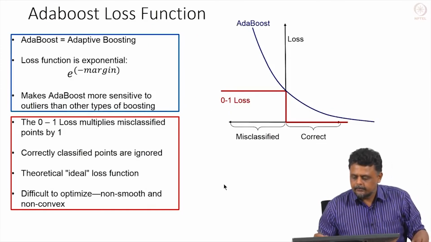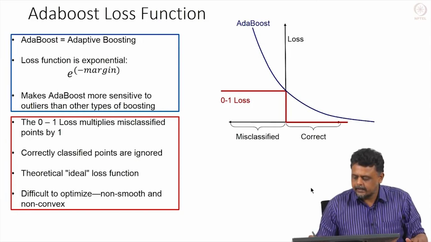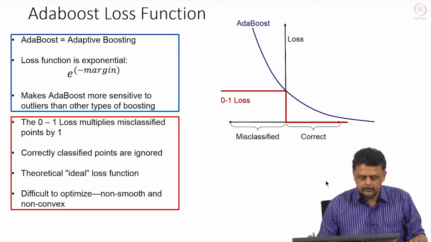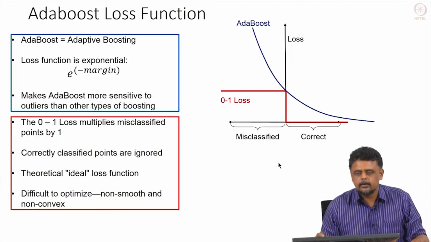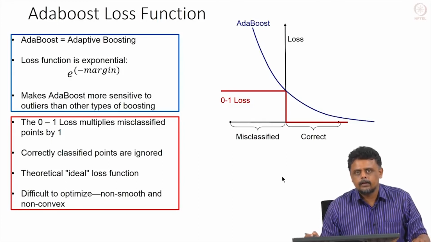Let us have a look at what this algorithm actually does. We look at this red curve here. It is a 0-1 loss. Let us say we have a binary classifier which classifies your output as 1 or minus 1.